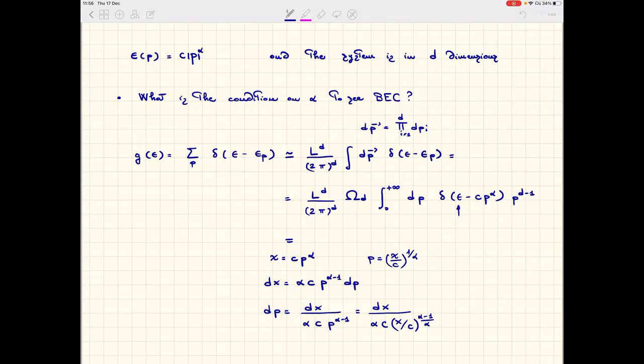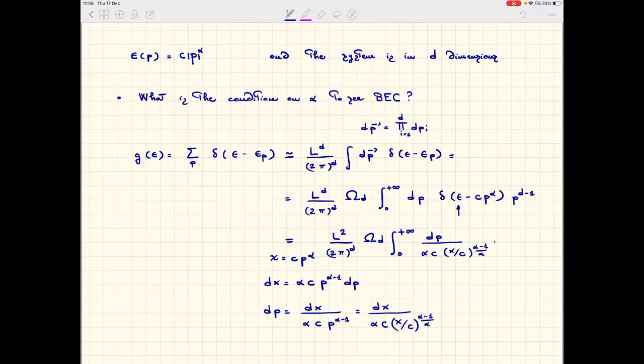So I transform this integral into L to the d over 2 pi to the d, omega d, and then I have the integral from 0 to plus infinity of dx divided by alpha c times x over c to the power alpha minus 1 over alpha.